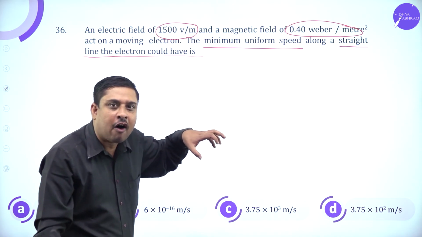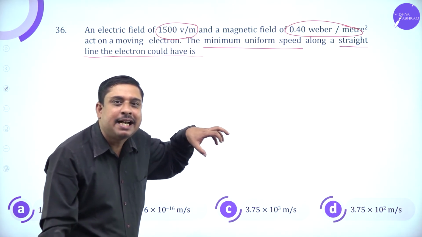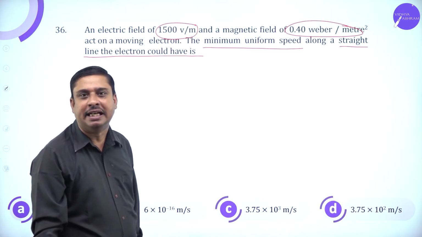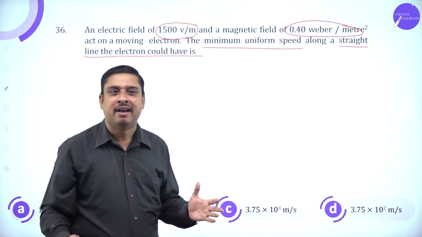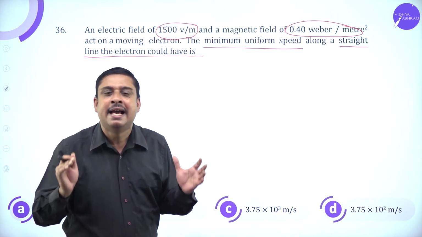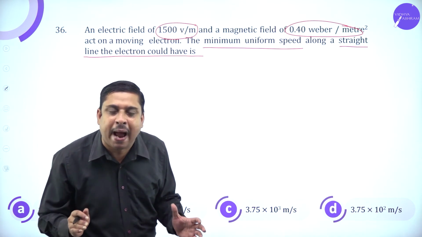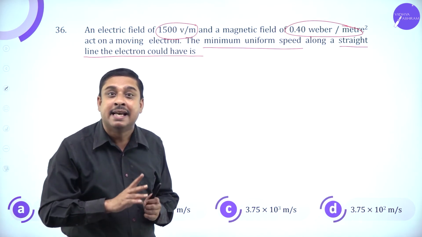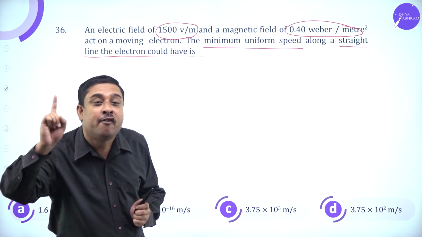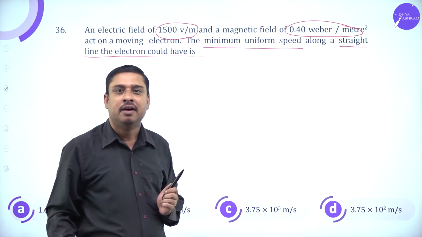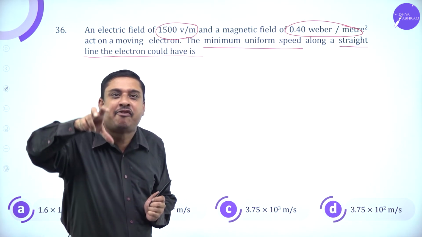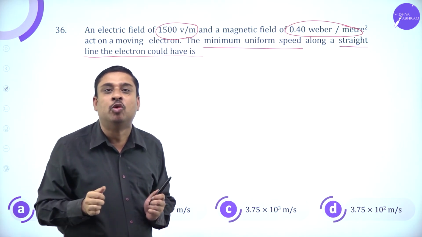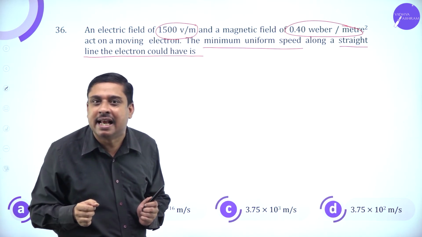The electron is acted upon by both electric and magnetic field. What does the question say? The electron has electric field impact and magnetic field impact, which means it is deviated from its original path. Because of that electric force and magnetic force, the electron moves away from its original path.